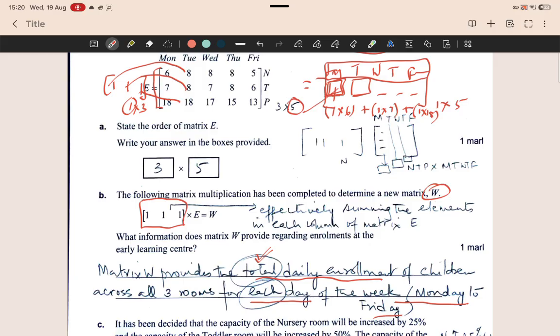And if it is a 1 by 5 matrix that you get on multiplying, the 5 represents the Monday, Tuesday, Wednesday, Thursday, and Friday. And 1 is the total of nursery, toddlers, and pre-kinders. So that is the 1 and that is the 5. So because this is one answer, you talk about the total. Okay?